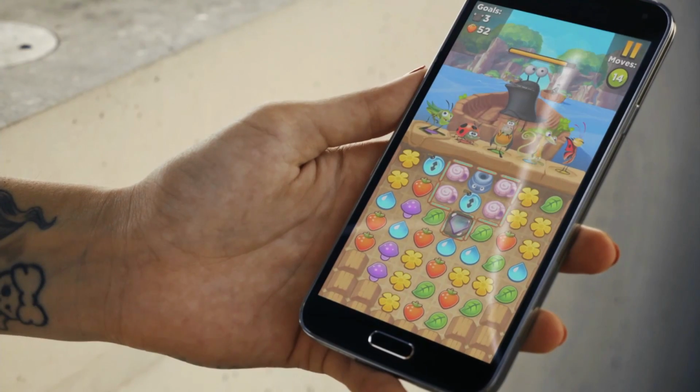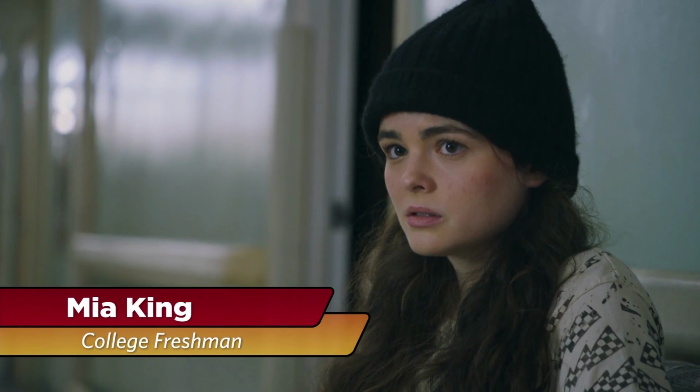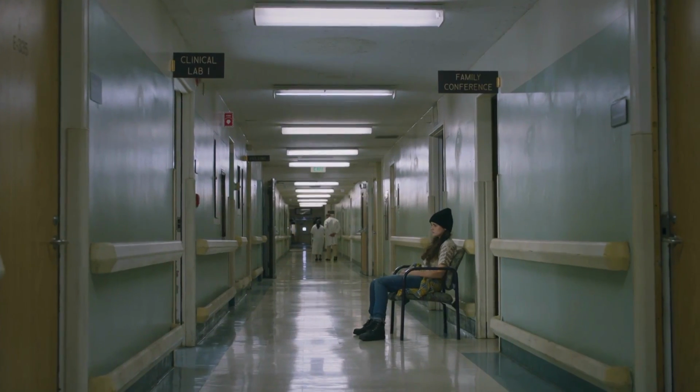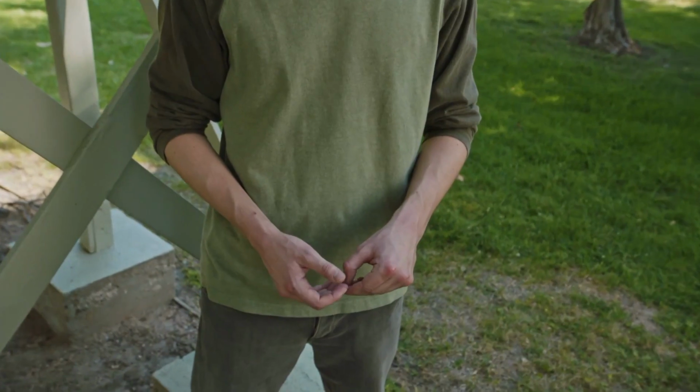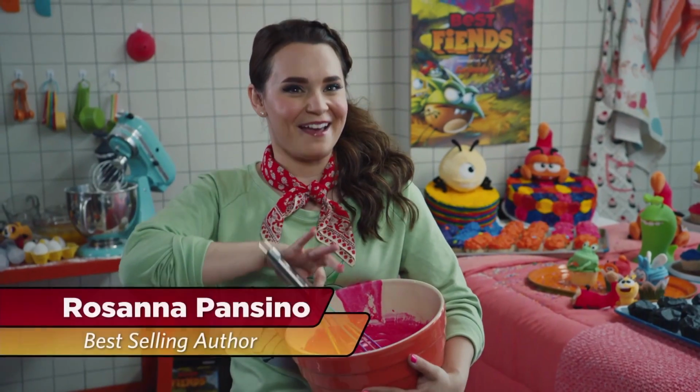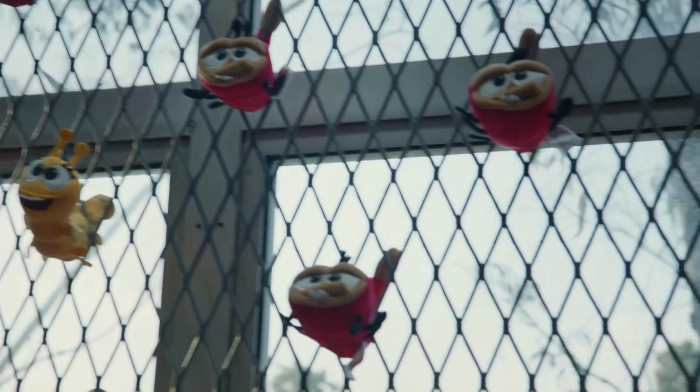There is a contagious epidemic sweeping the nation. It's not just in our cities or our workplaces or even our homes. It's in our hands. It's taken over my life. Once you start, you can't stop. I don't know who I am anymore. Most people think Best Fiends won't happen to them, that it's simply harmless fun. Thought I could just try it once. But soon, it becomes an obsession. I wouldn't say that I'm obsessed. I'm spirited, passionate.